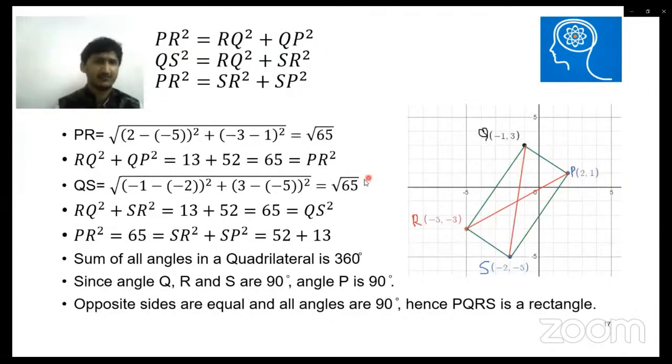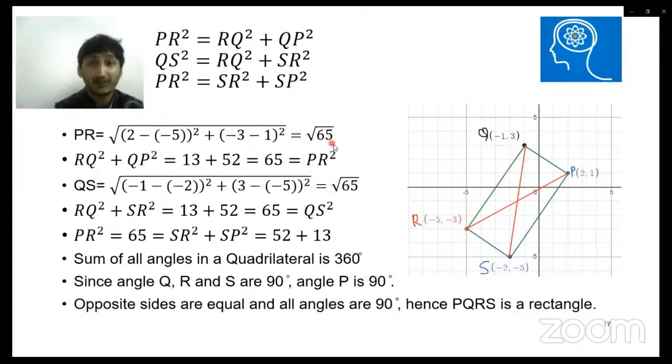So let us check. PR is equal to what? The length of PR can be found out by using the distance formula. We know the coordinates of P and R. So length of PR is under root 2 minus in bracket minus 5 whole square plus minus 3 minus 1 whole square. That is equal to root 65.